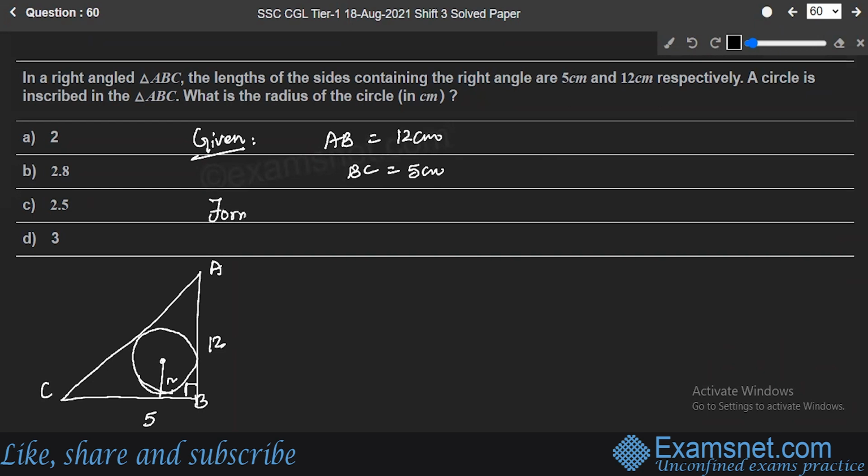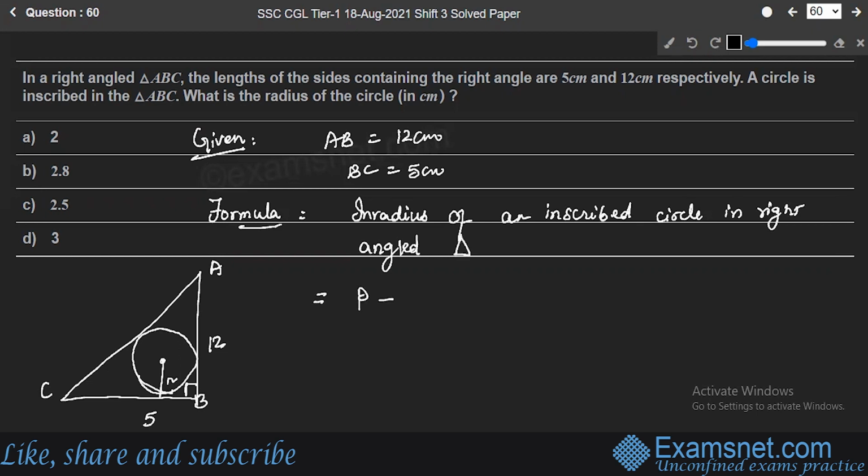The formula used in this question will be: inradius of an inscribed circle in a right angle triangle is equal to perpendicular plus base minus hypotenuse upon 2. Very easy formula. This will make your problem very, very short. You already know the perpendicular, you know the base, you need to find out the hypotenuse.